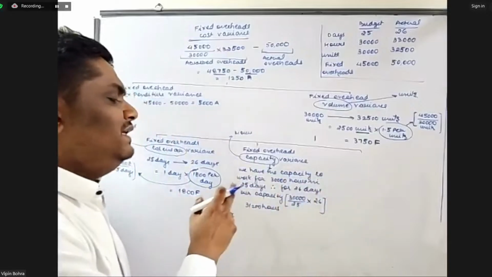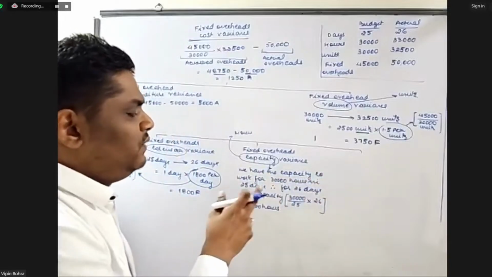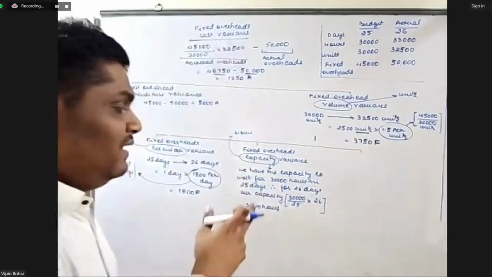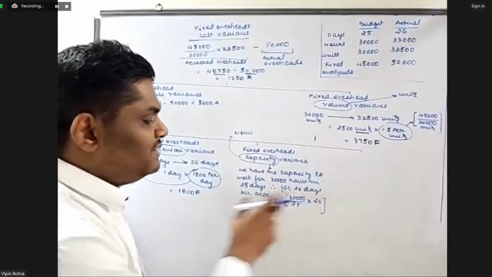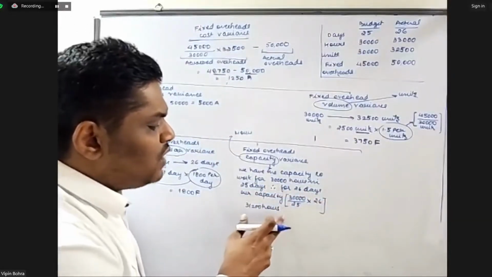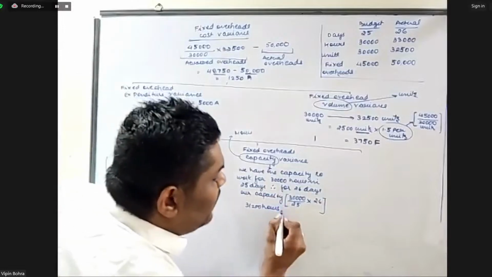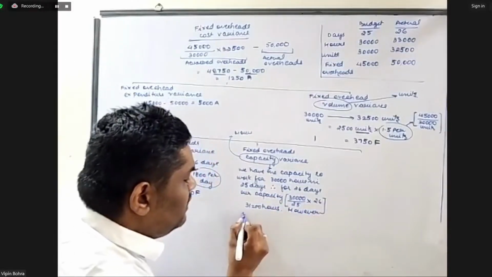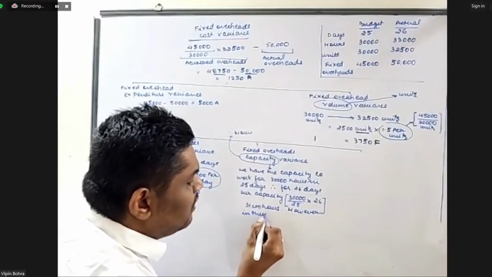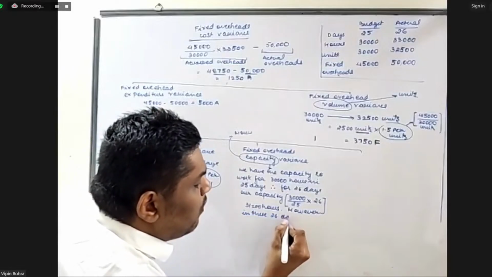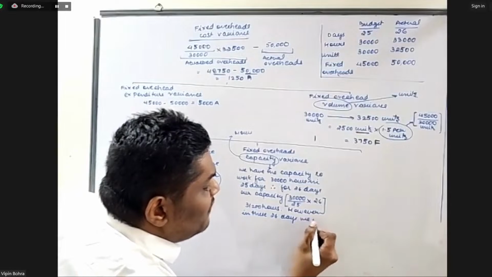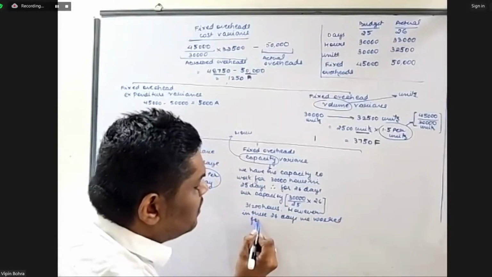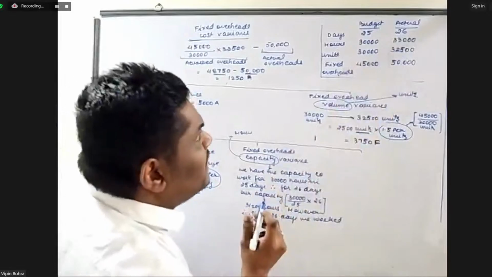We have the capacity to work for 30,000 hours in 25 days, but हमने काम भी एक दिन एक्स्ट्रा किया. कितने दिन किया? 26 days. So for 26 days, our capacity is 31,200 hours. However, in these 26 days, we worked for how many hours? 33,000 hours.